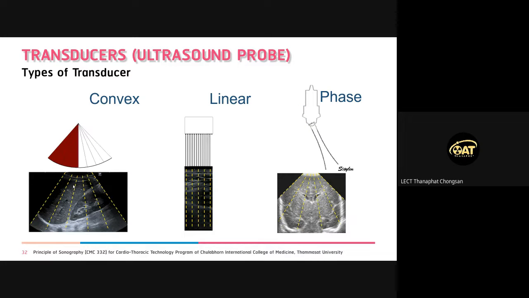There is a GIF or graphic that explains the PZT element operation. Everyone can see that convex and linear function the same way, using one or multiple arrays, while the phase array uses all PZT elements at the same time to create sound wave.